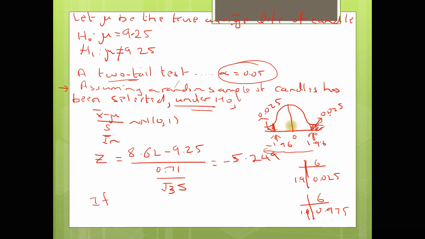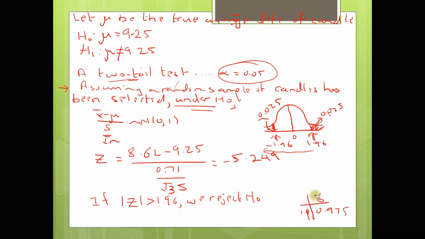So this is what I will do. If modulus z is greater than 1.96, we reject H naught. So that is the idea.